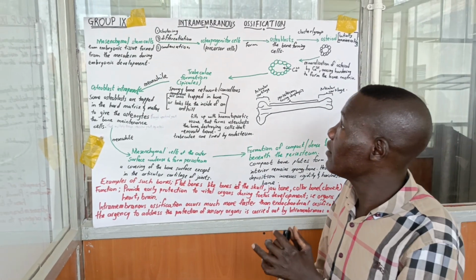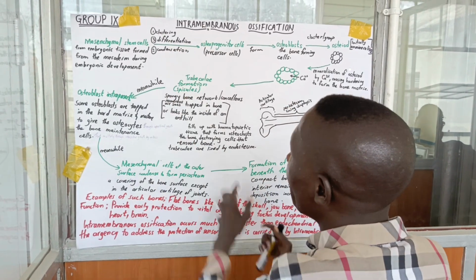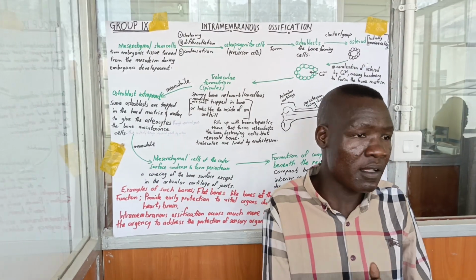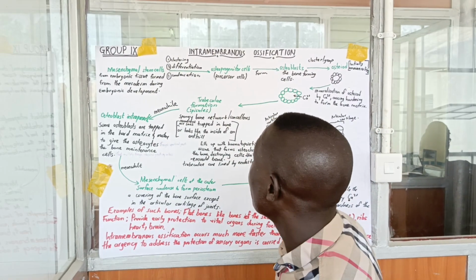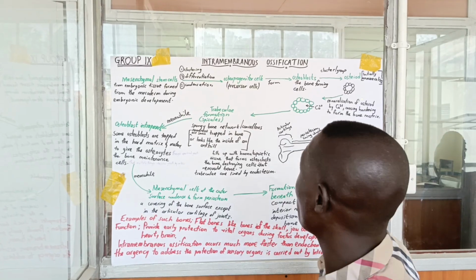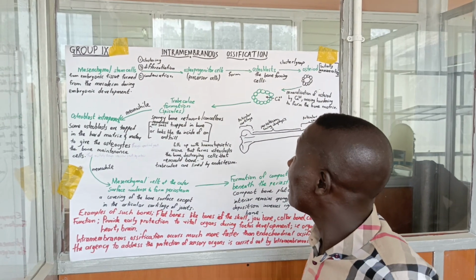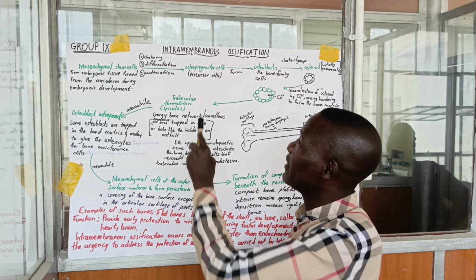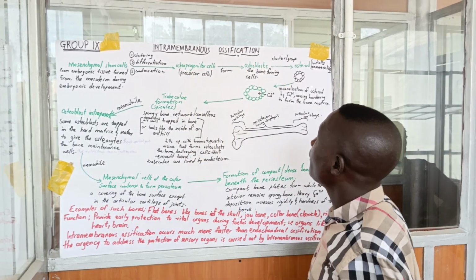Then condensation, which means growing bigger. And the third one is differentiation, which results in osteoprogenitor cells, or precursor cells, where there is not much action for formation.